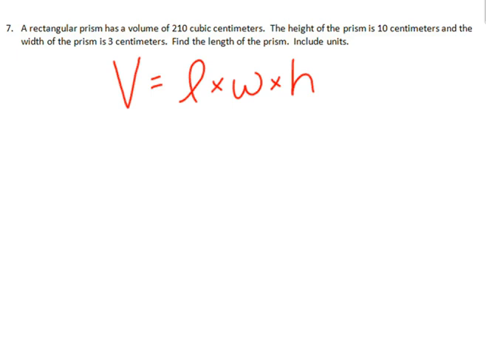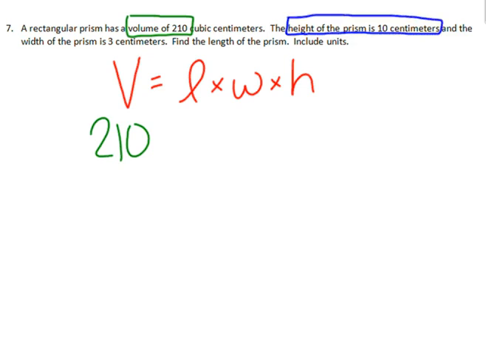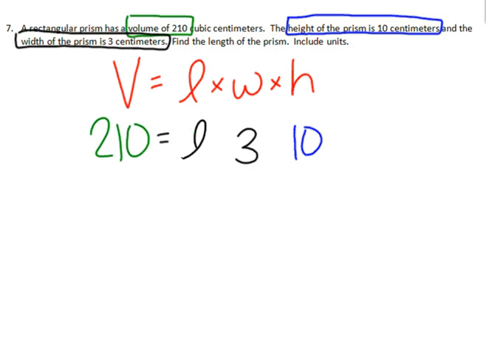And then I'm going to substitute in all of the pieces I know. So volume is 210. And then I have a height of 10 centimeters, so that's going to go underneath H. And I have a width of 3 centimeters, so I'm going to put 3 underneath the W. And then I can fill in equals length times 3 times 10.